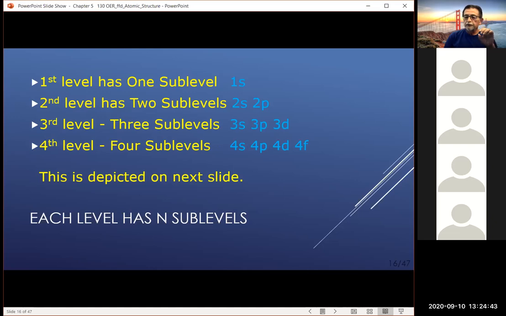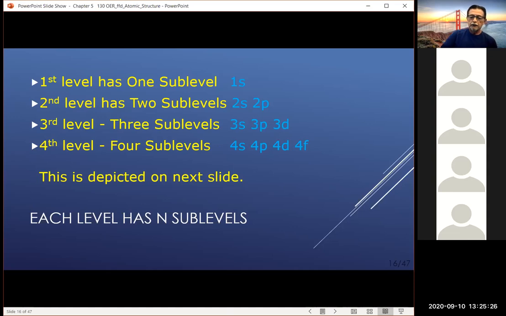So again, the number in front represents the energy level, the coefficient 1, 2, 3, and 4. Everybody from energy level 1 to 7 has the S. Okay, so we denote that as 1S, 2S, 3S, 4S, etc. Starting with the second energy level going down, everybody has the P orbit, starting with 2P, 3P, 4P, etc. And ditto with energy level 3, where the D comes in, we get 3D, the 4D, the 5D, etc. From 4 down, we start the F, 4F, 5F, okay?